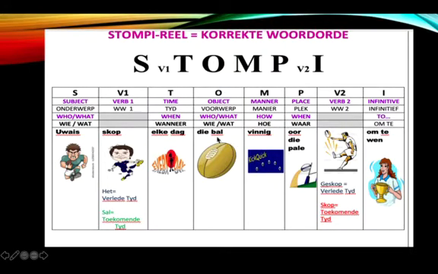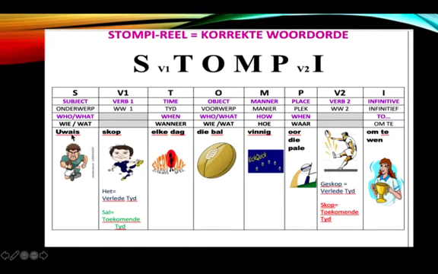Then, what you do is you put all your words in the correct order. So, put the S first, then V1, then T, then O, then M, then P, then V2, and then I. And that is a sentence using the correct construction.